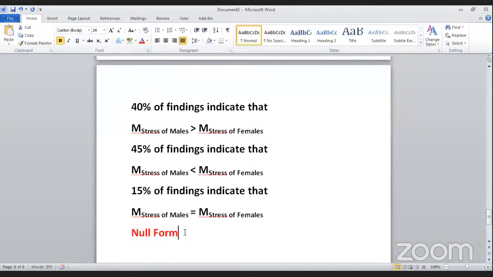And dear friend, this is the reason why majority of the researchers formulate hypothesis in the null form, because they do not have the strong base. Understand, it is not the sweet will of the researcher. It is not the sweet will of the guide.